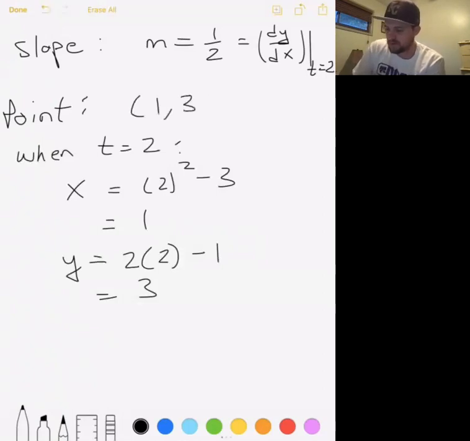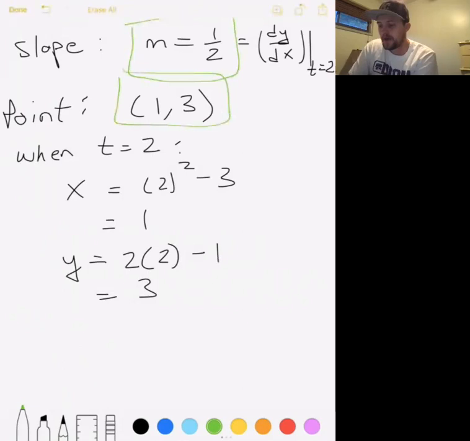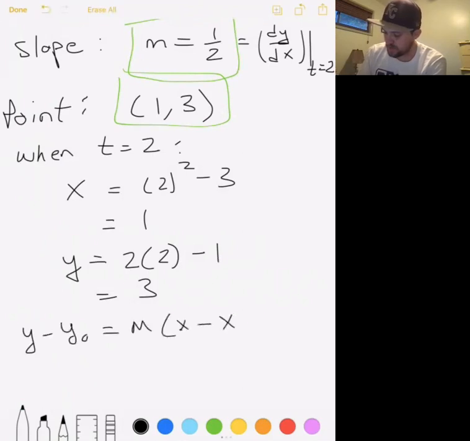So now we have a slope of 1/2, and we have a point of (1, 3). We have now enough information to completely fill out the formula for point-slope form of a line. And point-slope form said y minus y0 equals m times x minus x0.